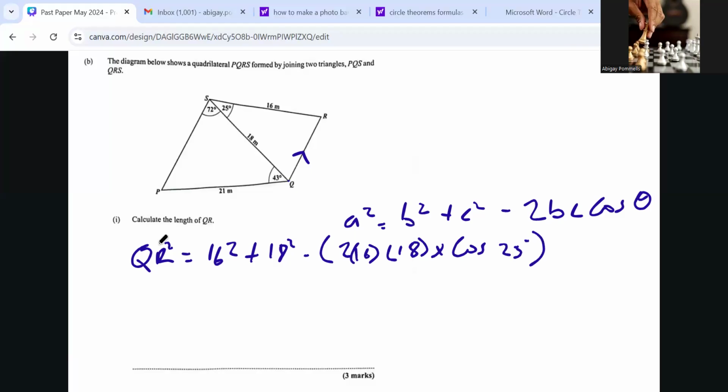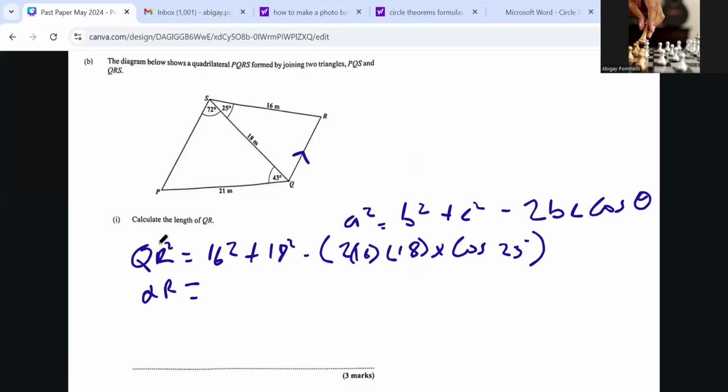All right, so let us go through all of that. Let's use our calculators. So 16 squared plus 18 squared, oh wait, I forgot something. Minus 2 times 16 times 18 times cos 25.